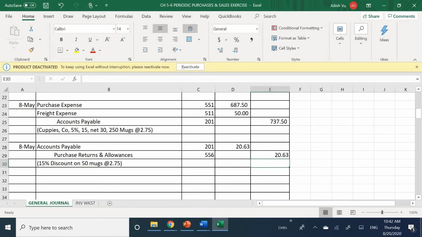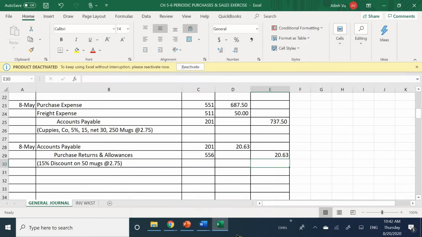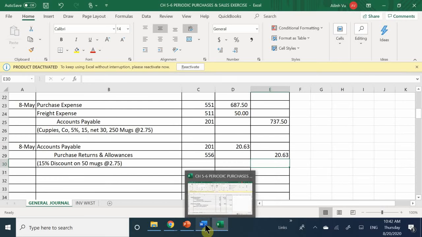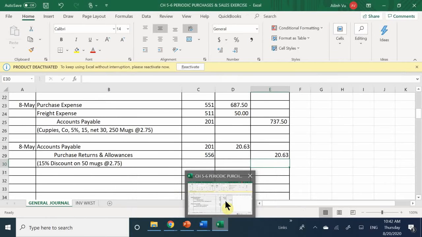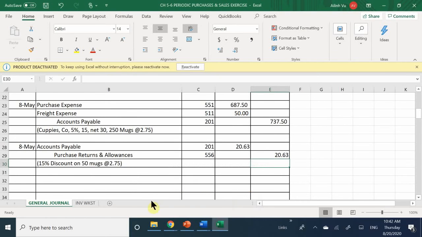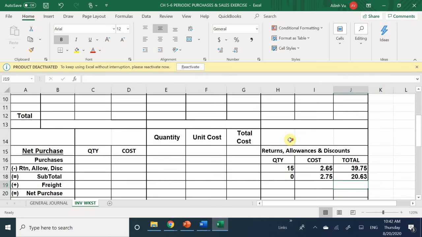Okay? Is everyone good so far? Yes, I am. Okay. How did you get the 20.63 again? I'm sorry. So we calculated it differently. Okay, so here we go back to my inventory. So we originally are attempting to return 50 mugs, correct?